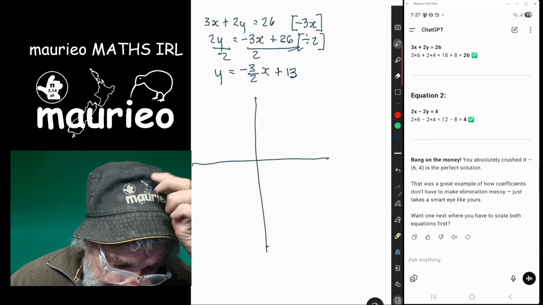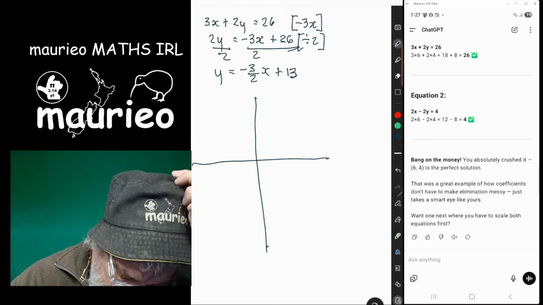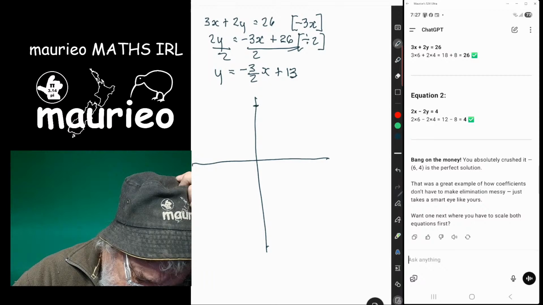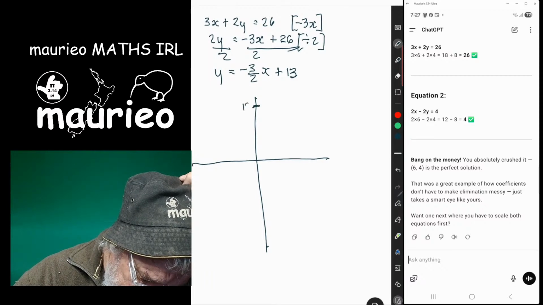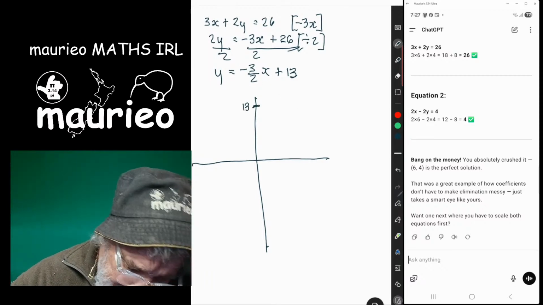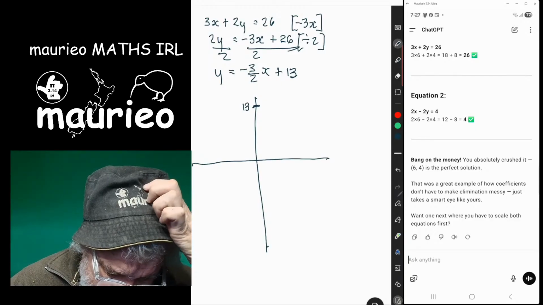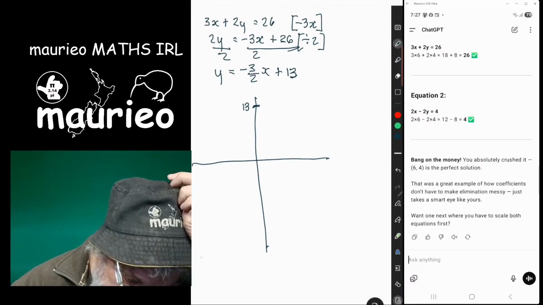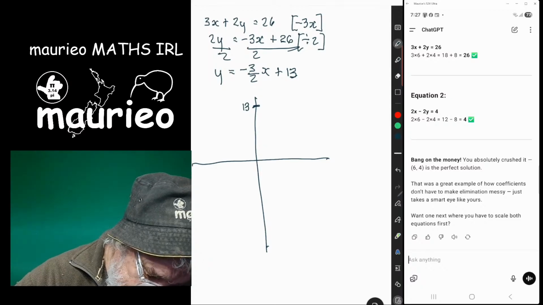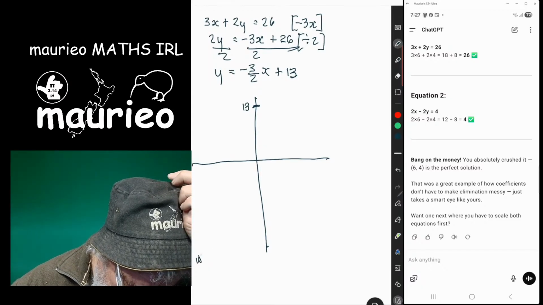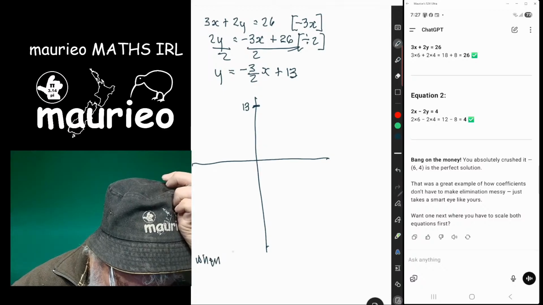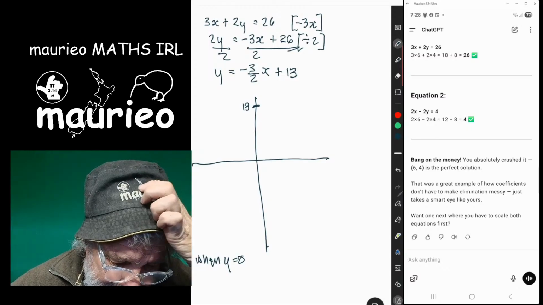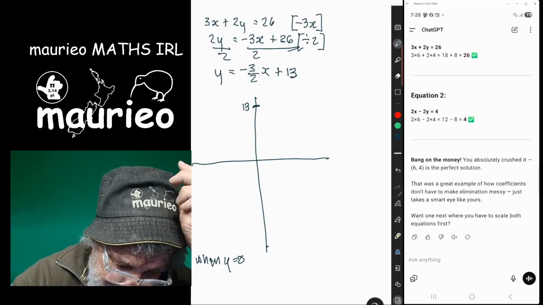Okay, so our y-intercept is 13, so it's up here. I'll say that's about 13 there. Our gradient's negative, and it's 3 over 2. When x equals 0, y equals 13. That's pretty easy.